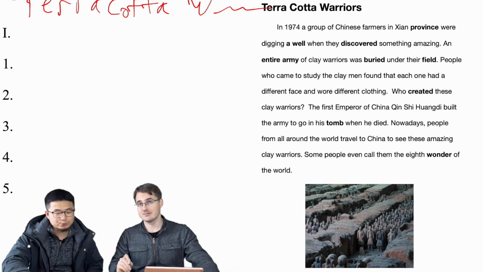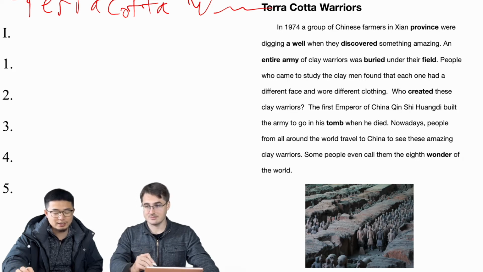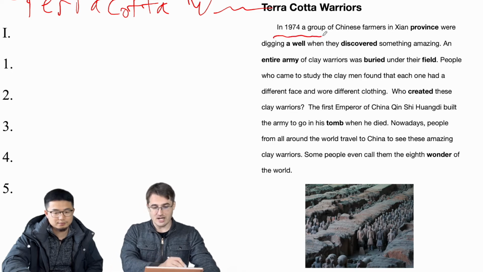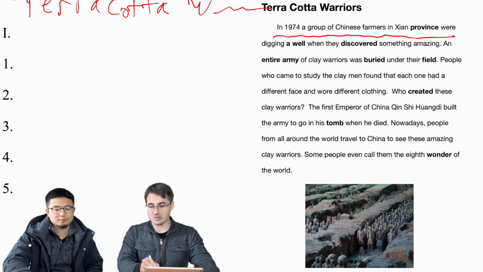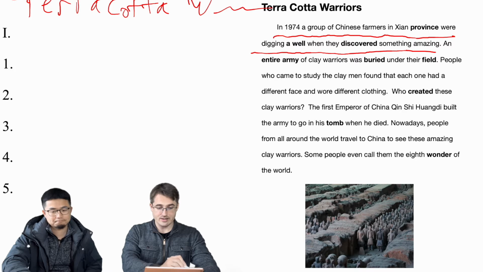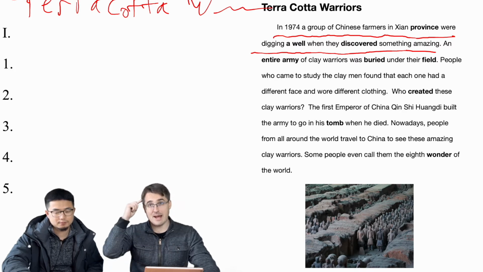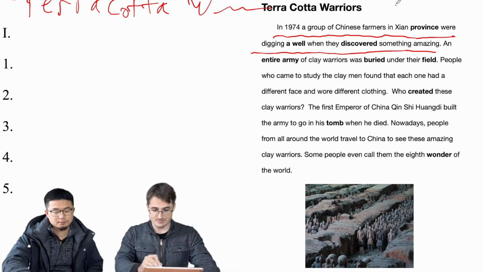Okay, so I'll give you an example. The topic sentence. In 1974, a group of Chinese farmers in Xi'an province were digging a well when they discovered something amazing. Okay, now I'm going to choose 3 key words to remember the sentence.